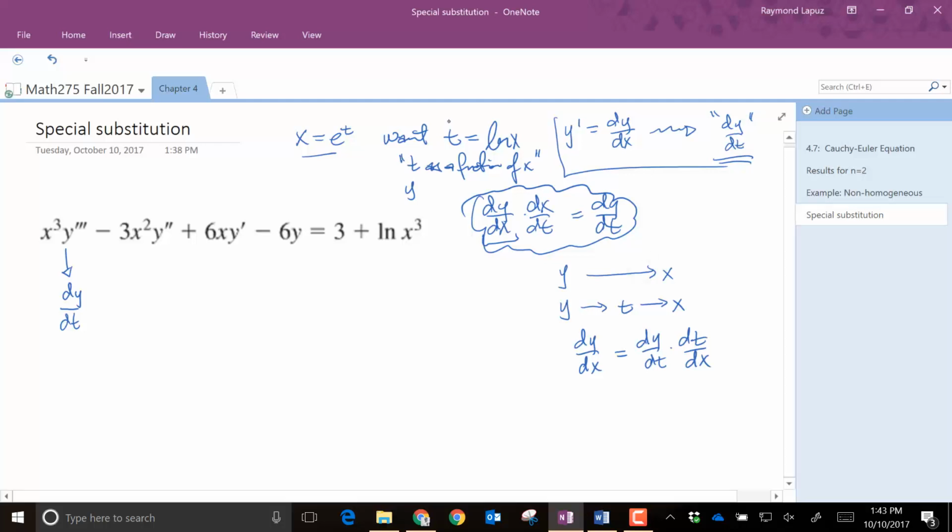So if that's the case, this is actually what we're going to try to shoot for, is to find derivatives. We want dt dx, you want t as a function of x. And because t equals ln x, dt dx is going to be 1 over x.